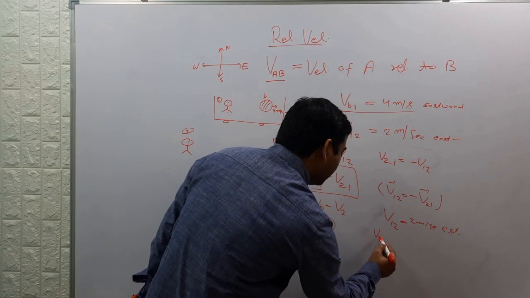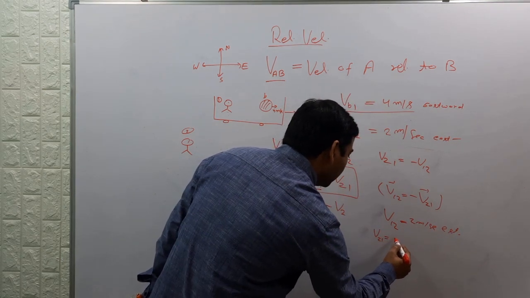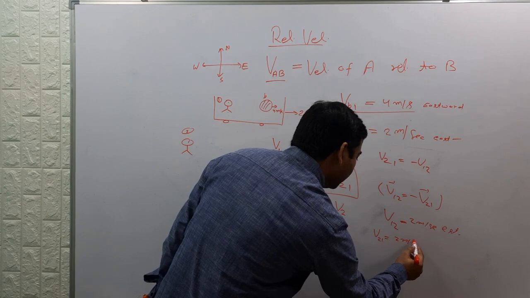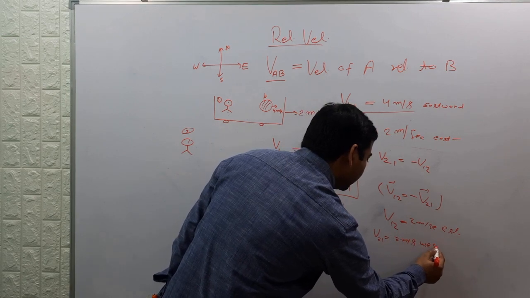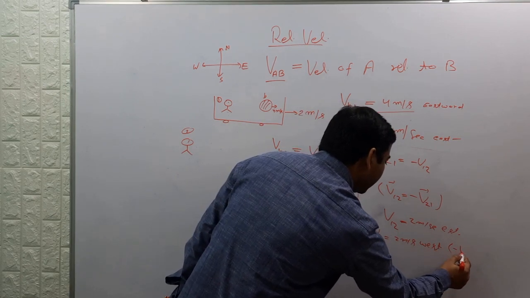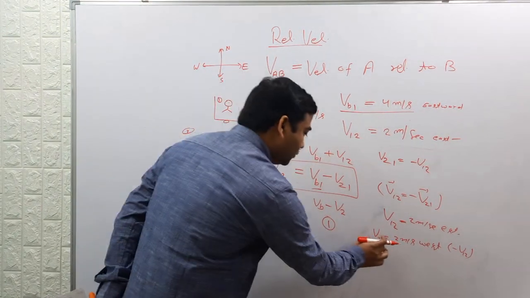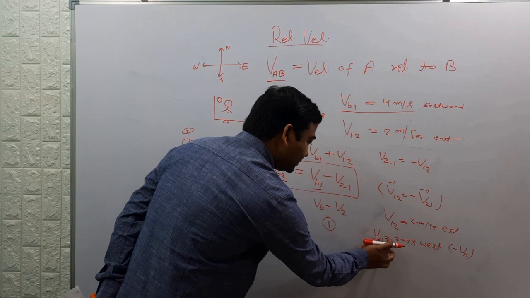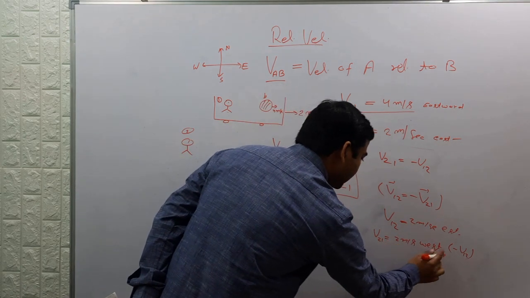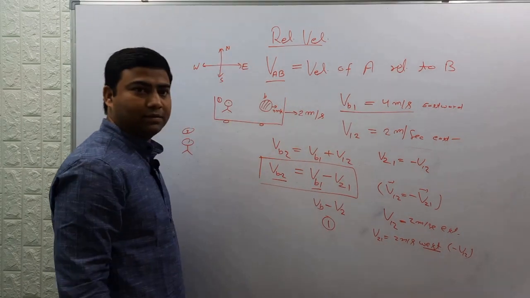So vector V21 is 2 meter per second westward, because it is minus V12, which we have discussed earlier. So V21 is a new vector in the west direction.